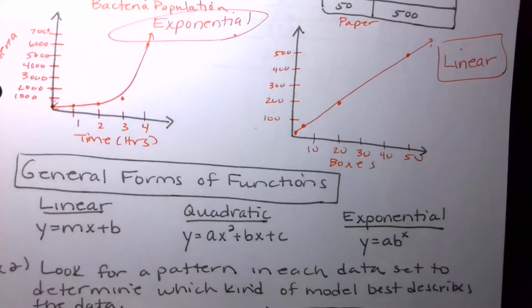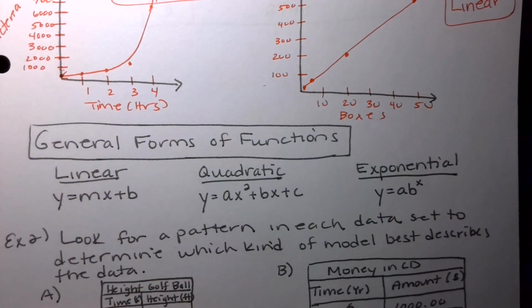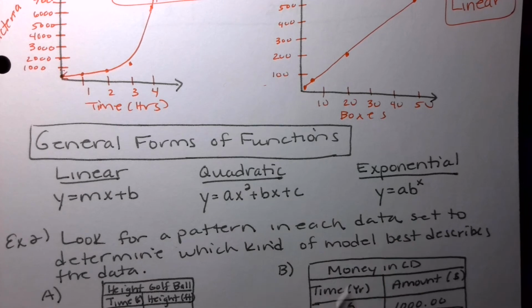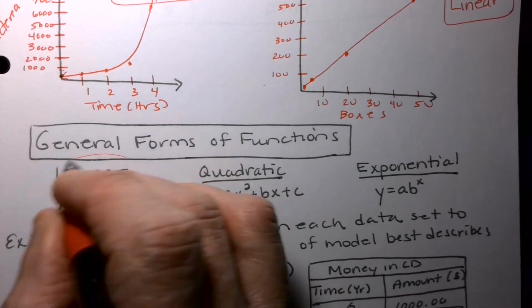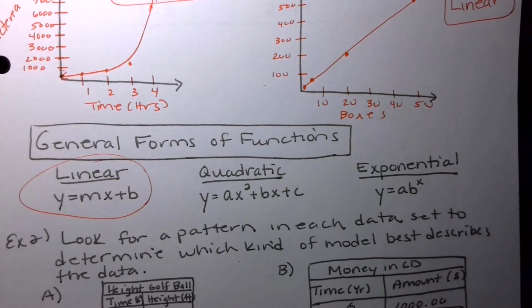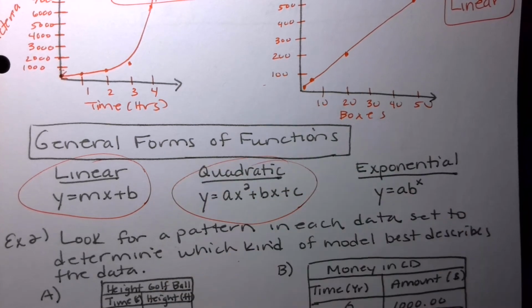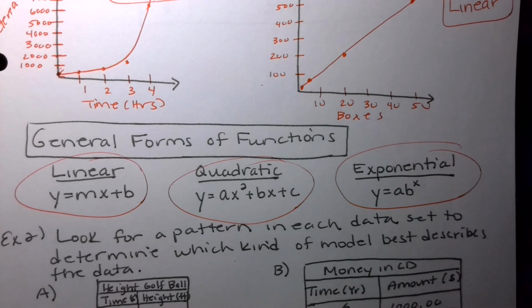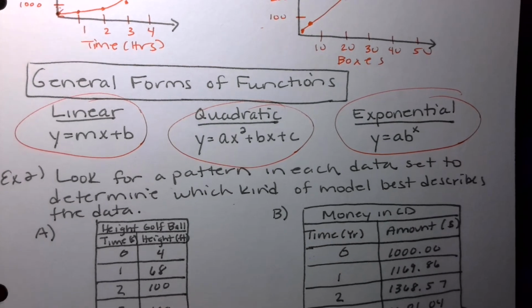All right, so just for a refresher, I put the 3 different ways we see an equation. We have our linear, y equals mx plus b. Those are lines. We have our quadratic, which are parabolas, and now we have a new one, our exponential. Okay, so those are the 3 base formulas, general forms of these functions.